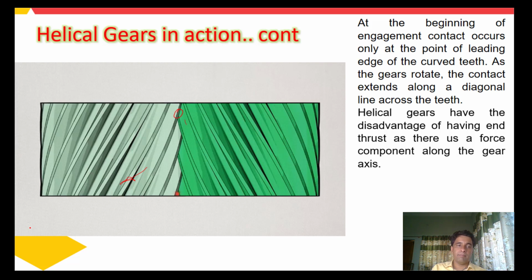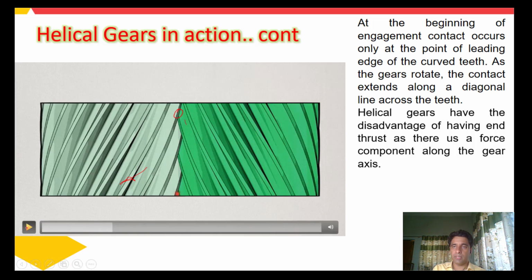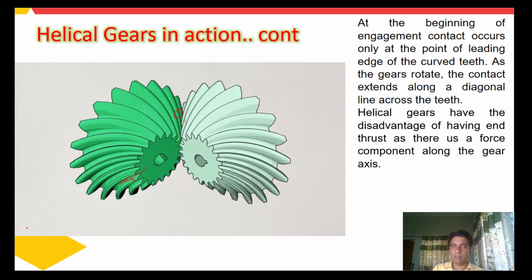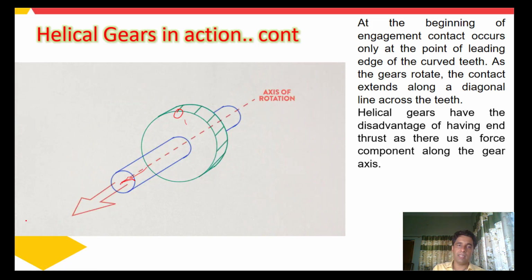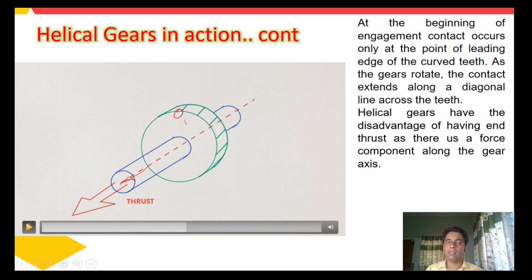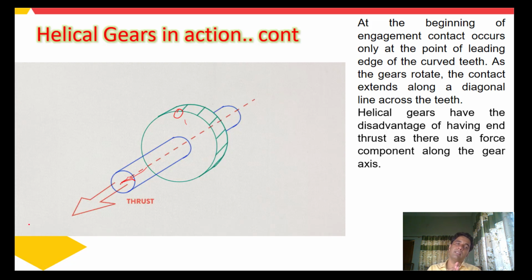Now the next thing is helical gears have some other problem associated with them. The disadvantage is end thrust. Because of the inclined teeth, we have one component along the axis of the shaft. That component is called thrust, and this thrust leads to certain problems as far as the application is concerned.